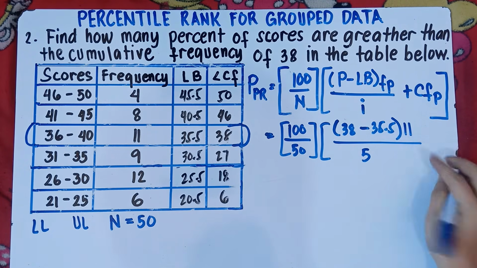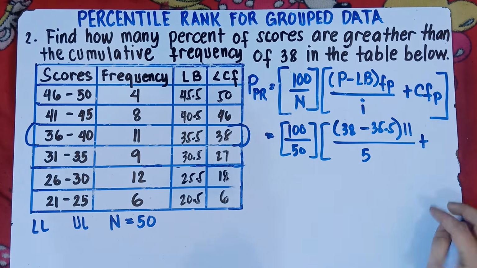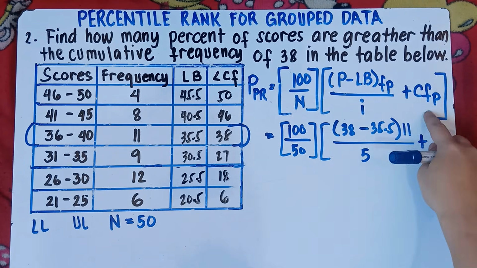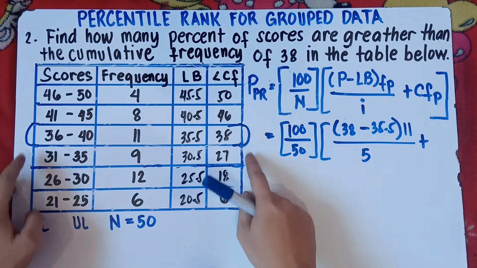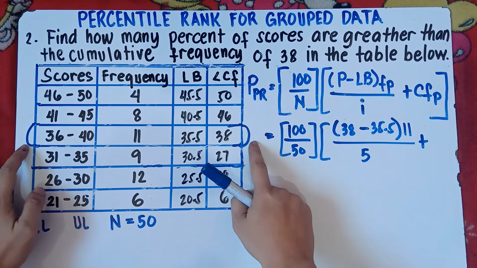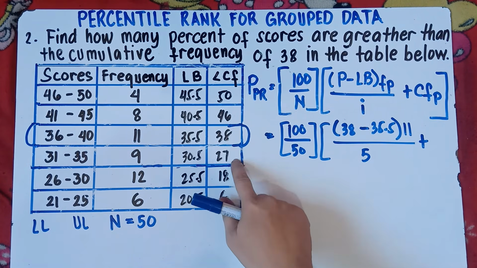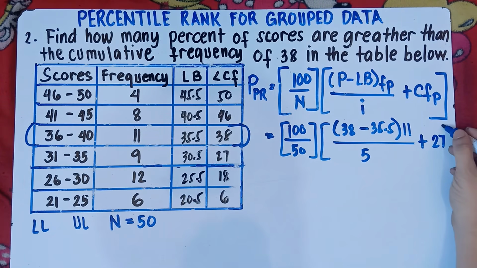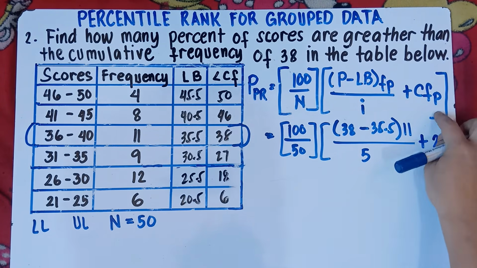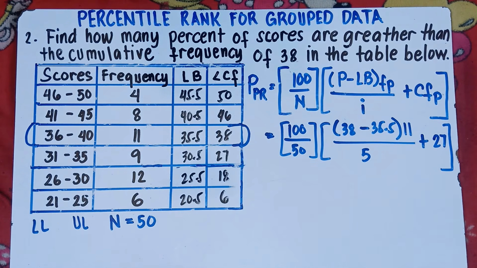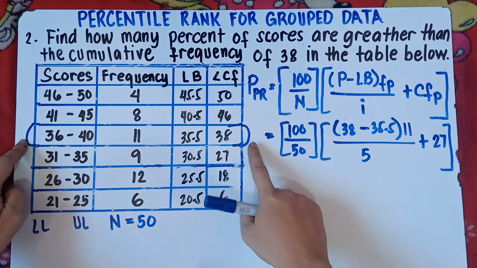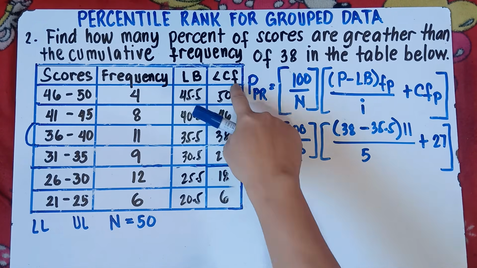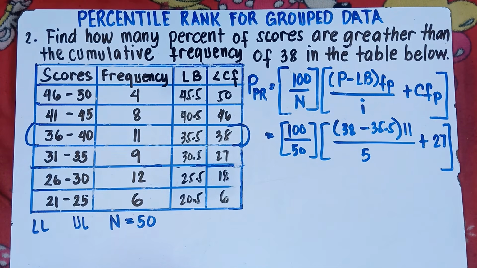Then plus CF sub P, which means the cumulative frequency of the previous class. The previous class cumulative frequency is 27. Always remember this, class: CFP means cumulative frequency of the previous class.